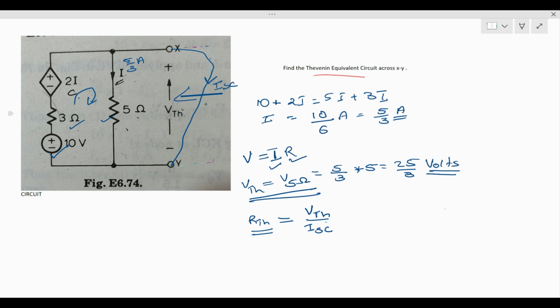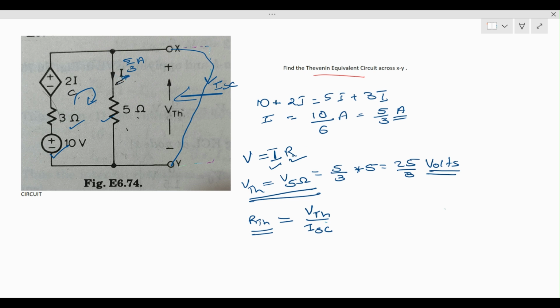So if you short circuit X and Y, what happens? The 5 ohm resistor will be negligible, because now there is no current through the 5 ohm, since X and Y are short circuited. Then this I will be 0, right?